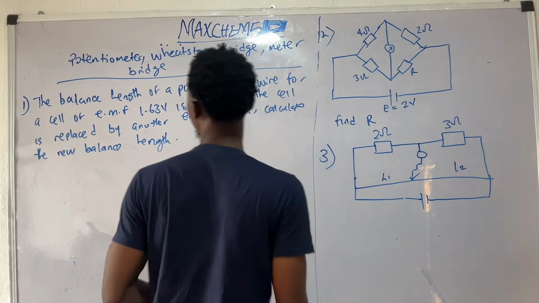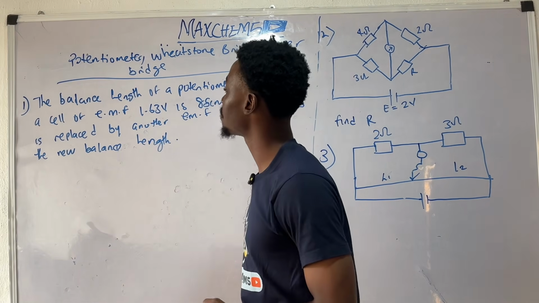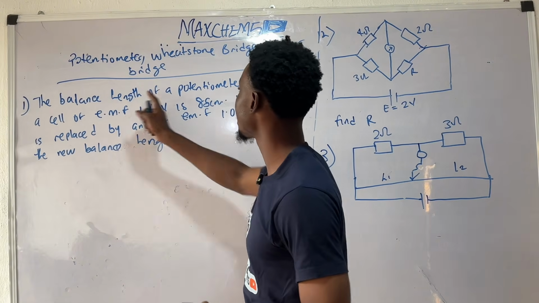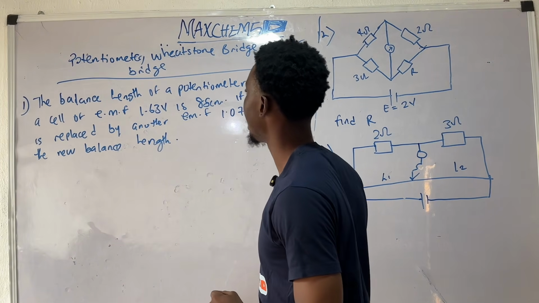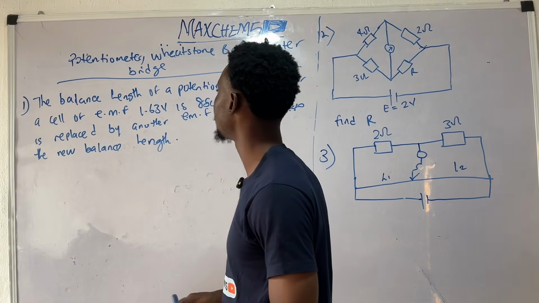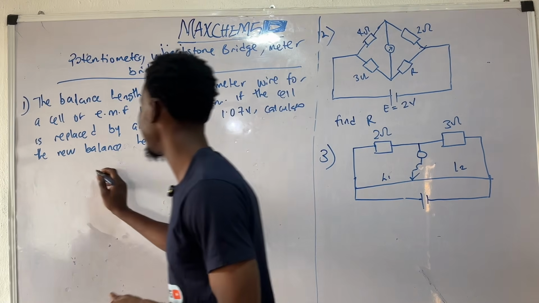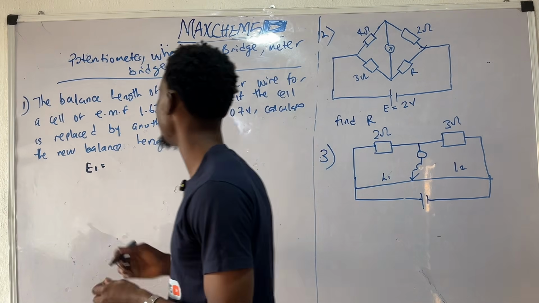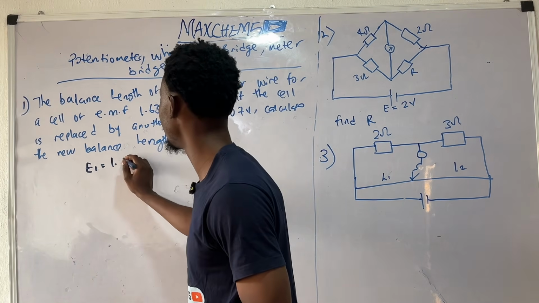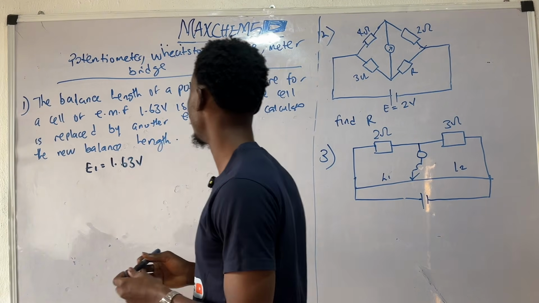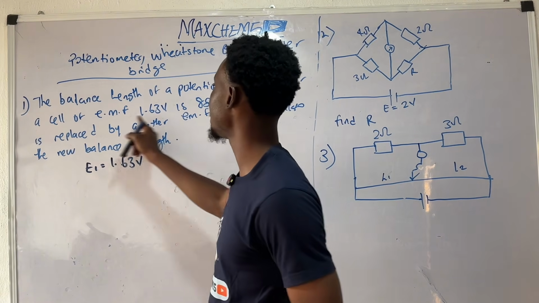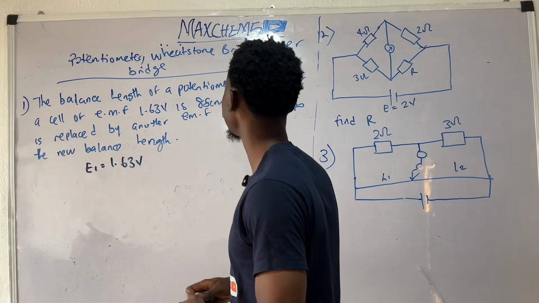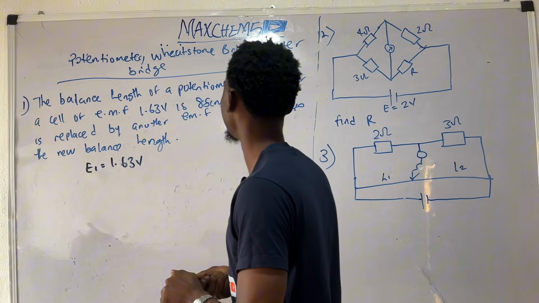So back to the question here. I have a question that says a balanced length of a potentiometer wire for a cell of EMF, let us call that E1, as 1.63 volts, is 85 centimeter.